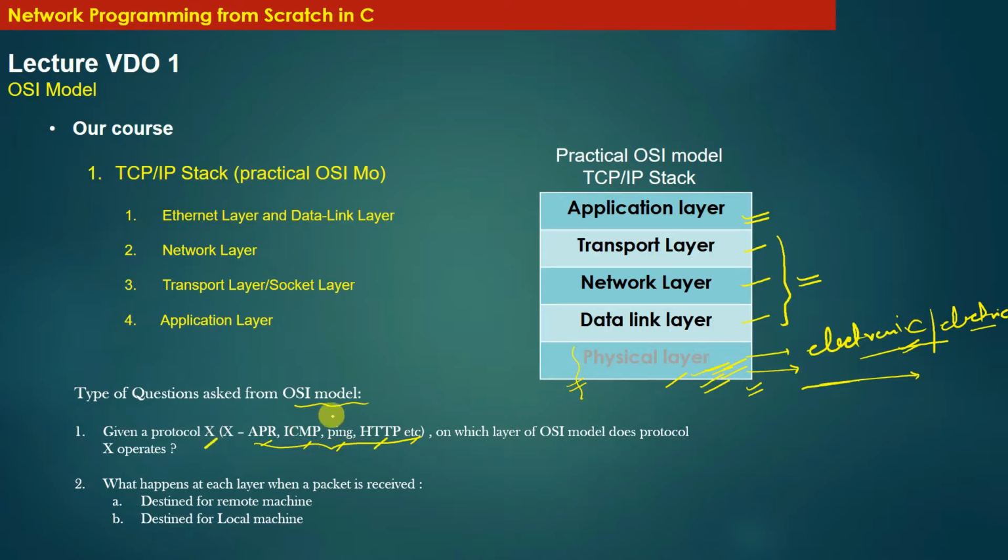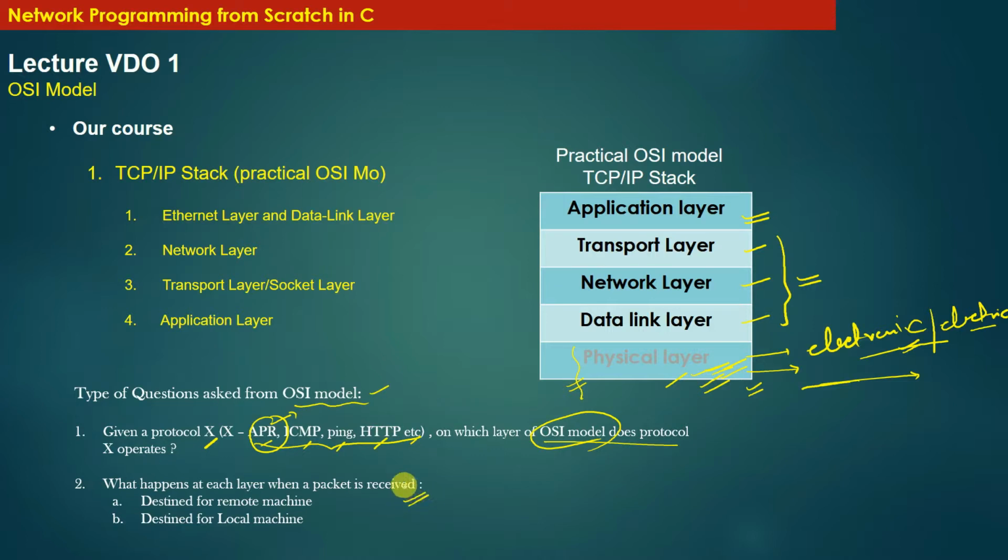So the type of question that is framed from the OSI model is that you will be given a protocol X and asked on which layer of the OSI model this protocol operates. So note that it's ARP. Unless you know the functionality of the protocol and the functionality of the OSI model, you won't be able to answer this question. So you have to understand the OSI model at a high level, and you have to understand the protocol in question in a little more detail to answer such questions.